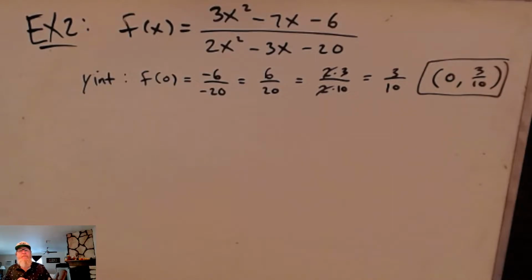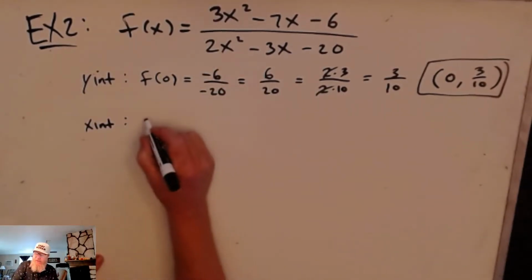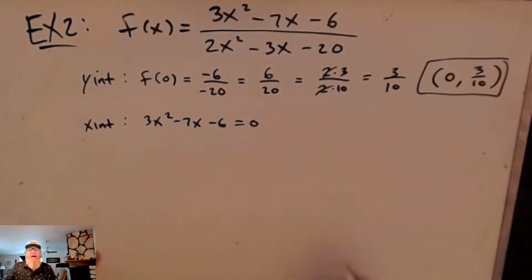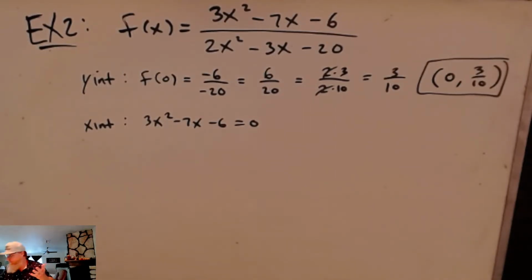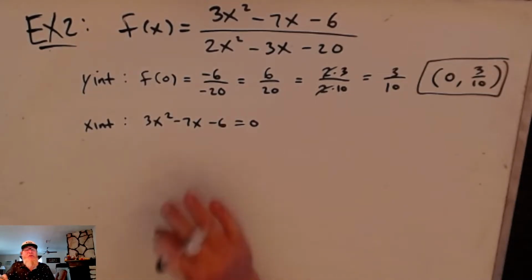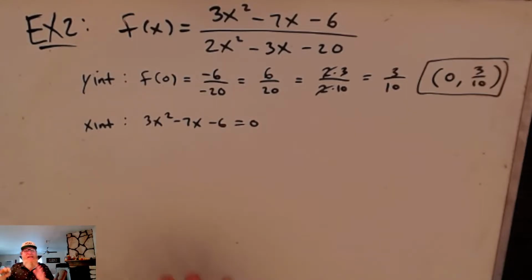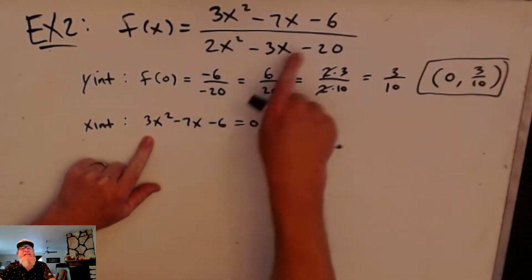Okay. X-intercept. Set the numerator equal to 0. A little comment. In part 1 of the video, I was asking for the domain. I'm not sure if I'm going to ask for that today. Maybe. I think so. I peeked ahead. If I'm asking for the domain, then we say not equal to 0. When we're asking for the domain, we're looking at the denominator.